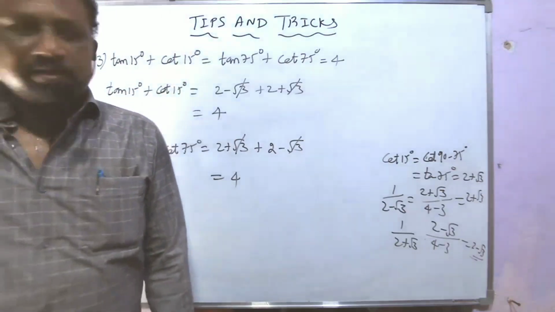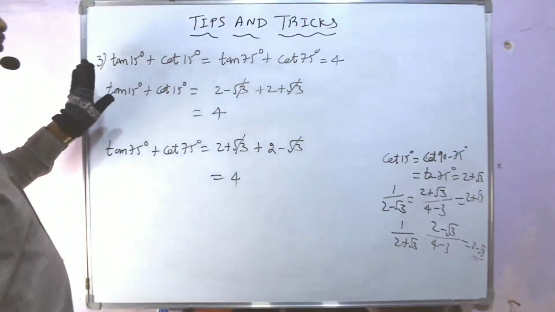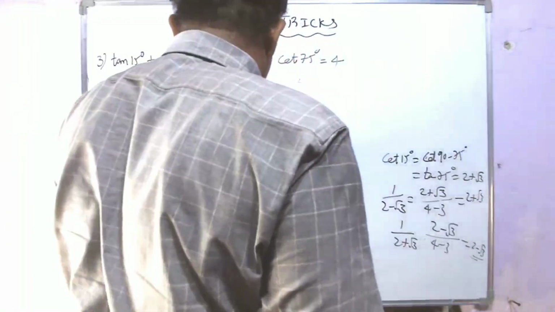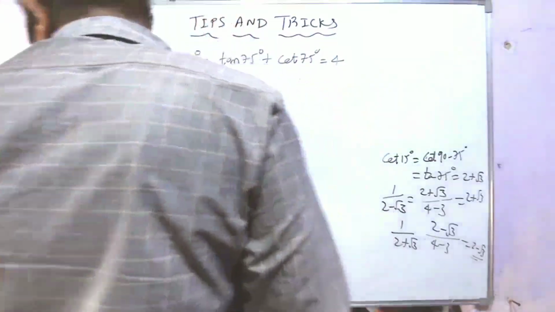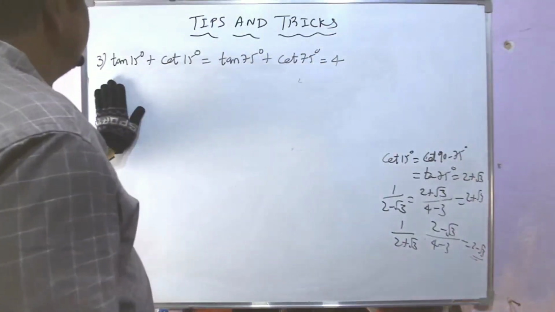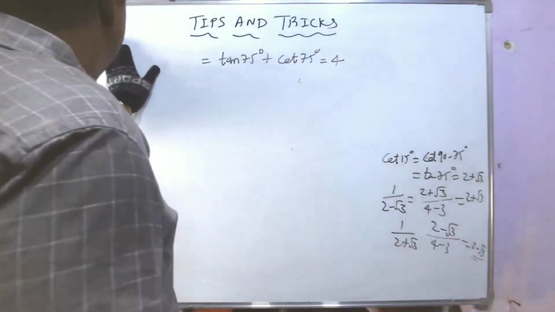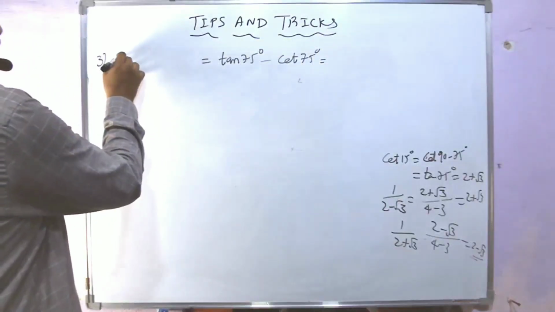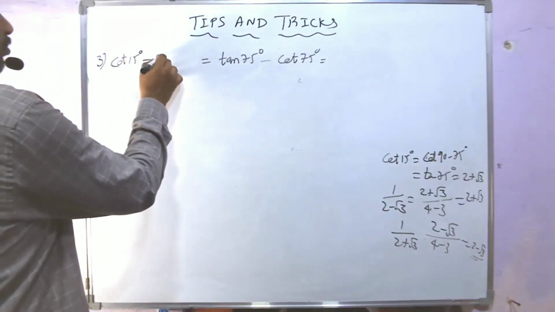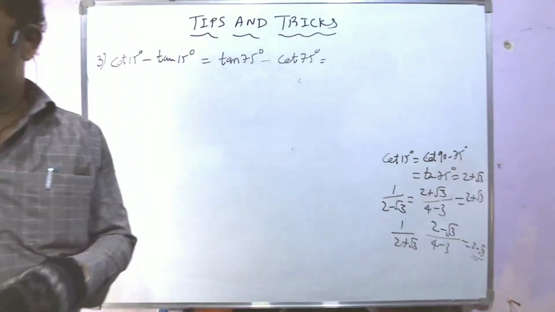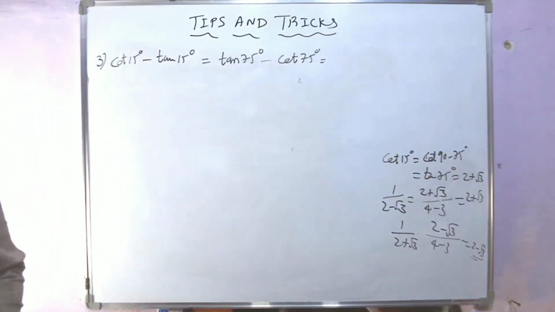Cot 15 degrees minus tan 15 degrees, and tan 75 minus cot 75. Now carefully observe.